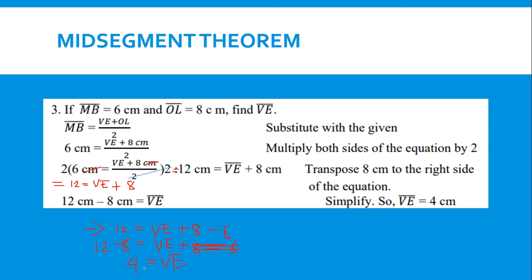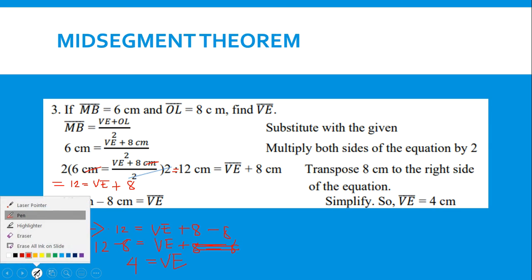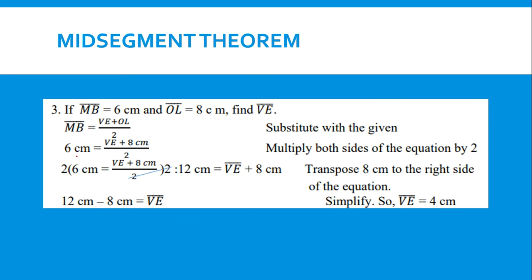Okay? Let's erase all of them. So, back to 12 cm equals VE plus 8 cm. So, transpose 8 centimeters to the right side of the equation.